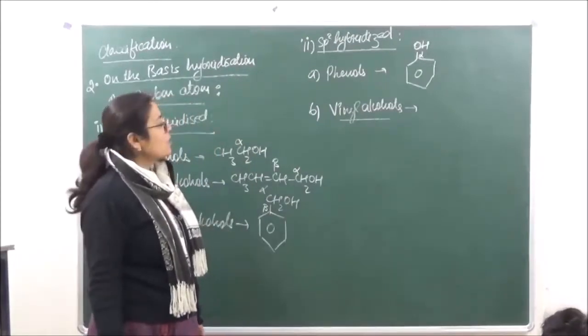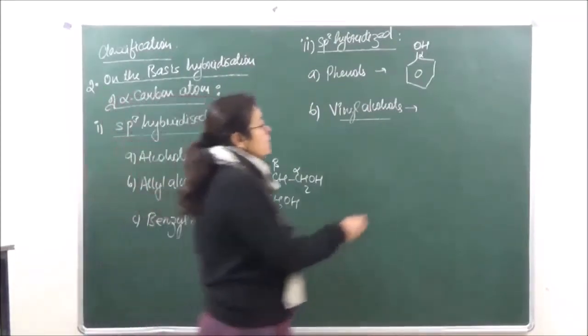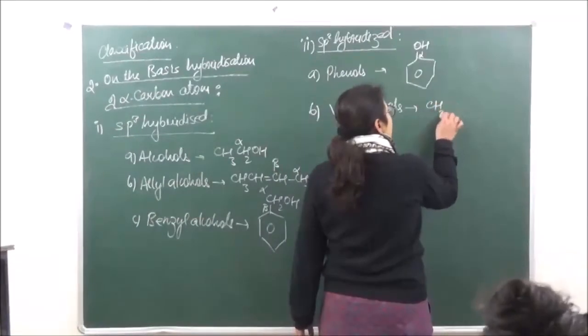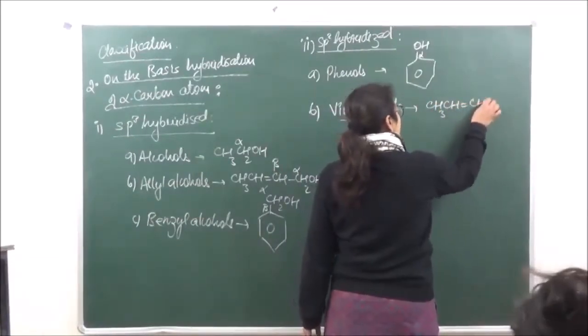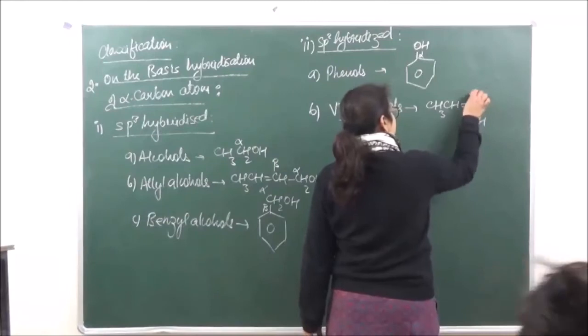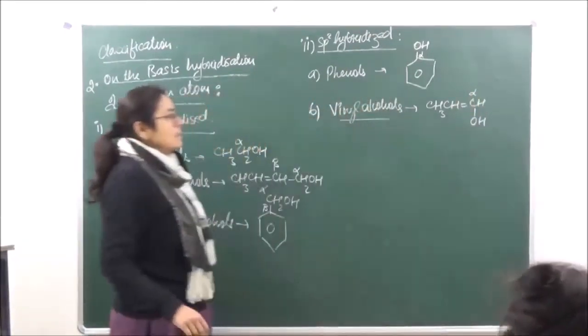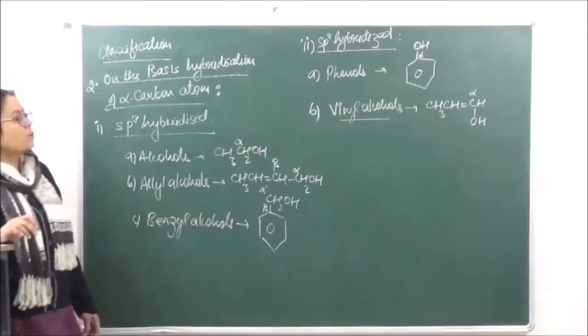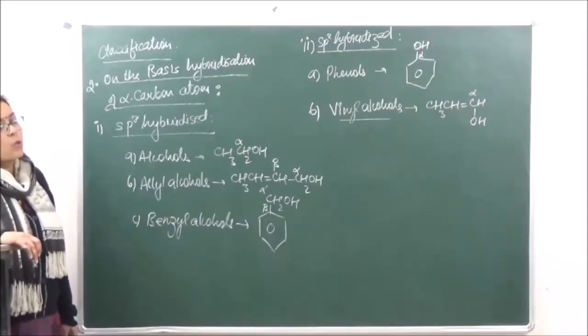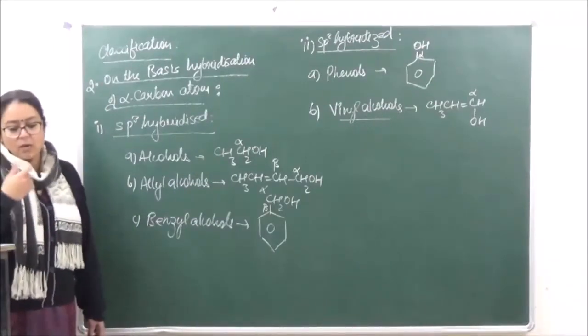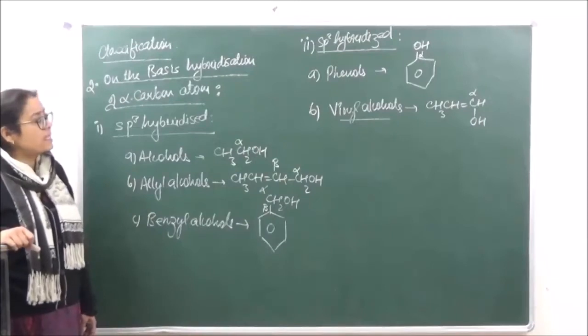So vinyl alcohols, that is going to be what? In which again the alpha carbon atom is going to be sp2 hybridized, right? So this is how we are going to classify these.